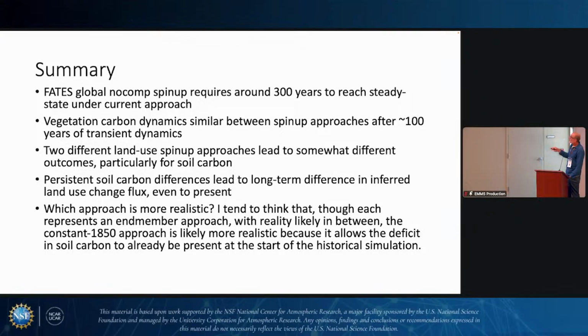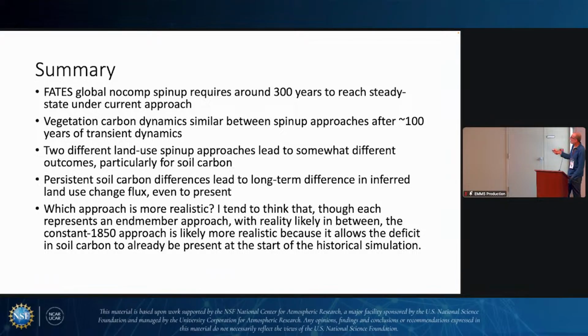The vegetation carbon dynamics between these two spin-up approaches are relatively similar after about 100 years of transient dynamics, but they lead to really different outcomes, particularly for soil carbon. And these persistent soil carbon differences lead to long-term differences in the inferred land use change flux that just persist in time, even out to the present.